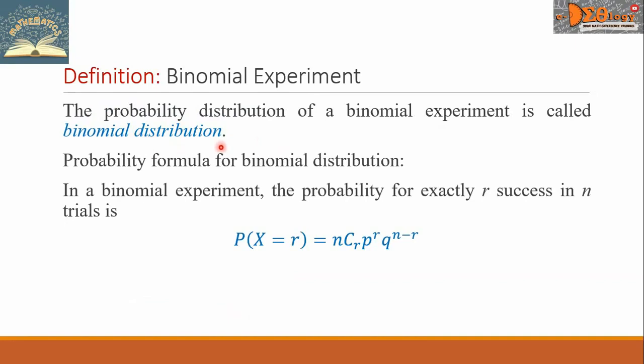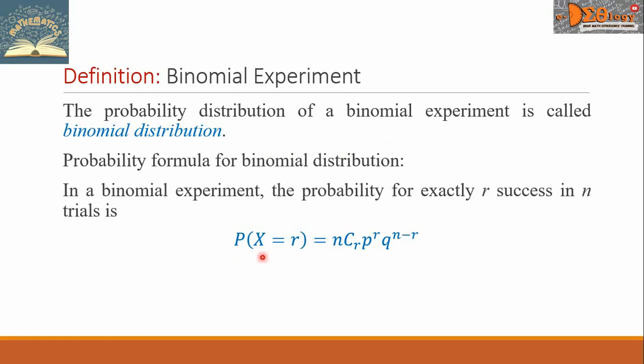Probability formula for binomial distribution. In a binomial experiment, the probability for exactly R successes in n trials is this.